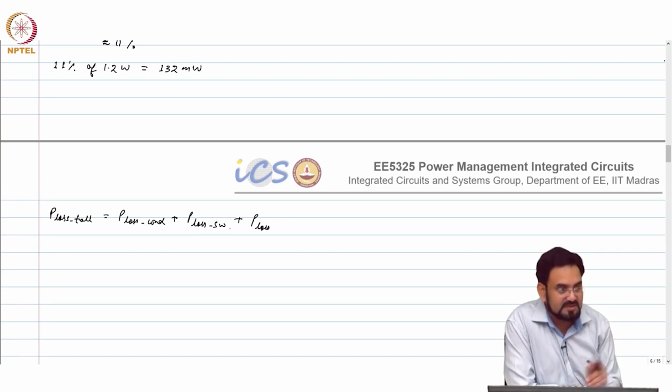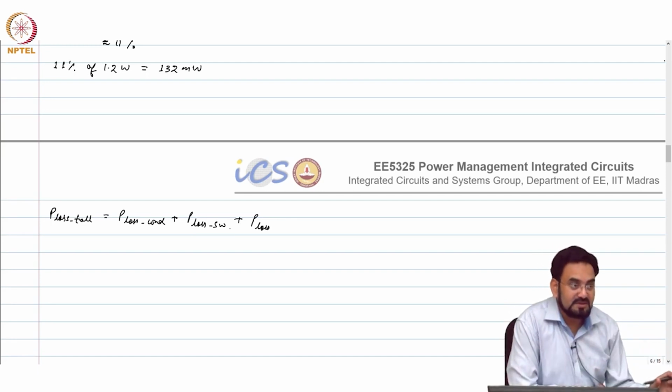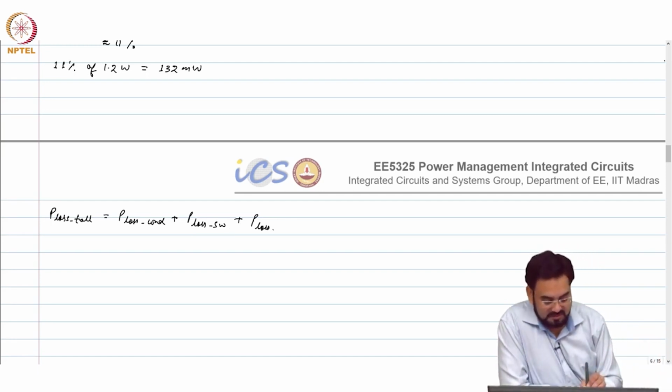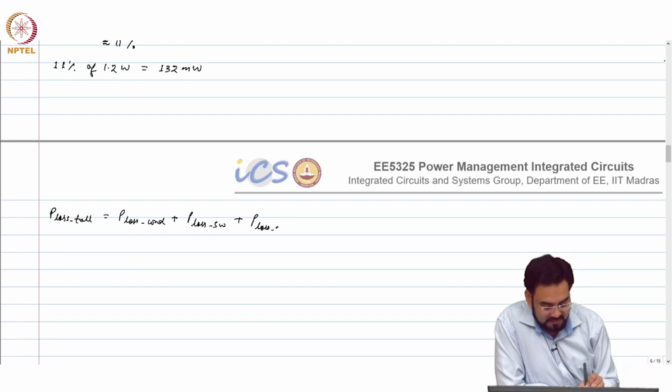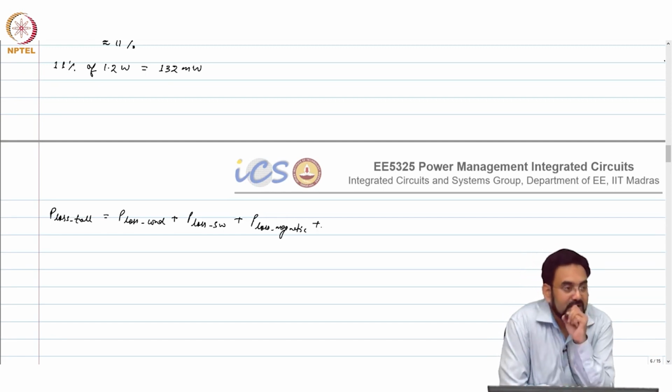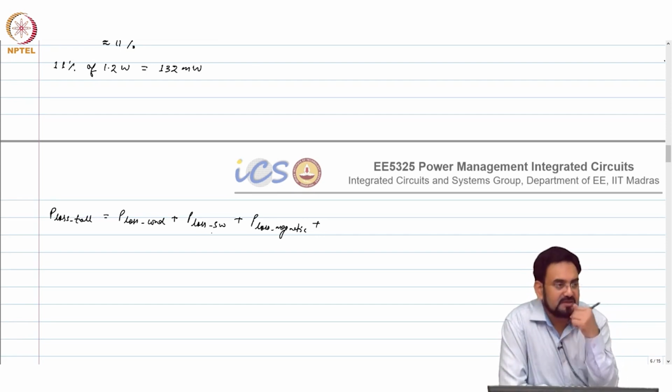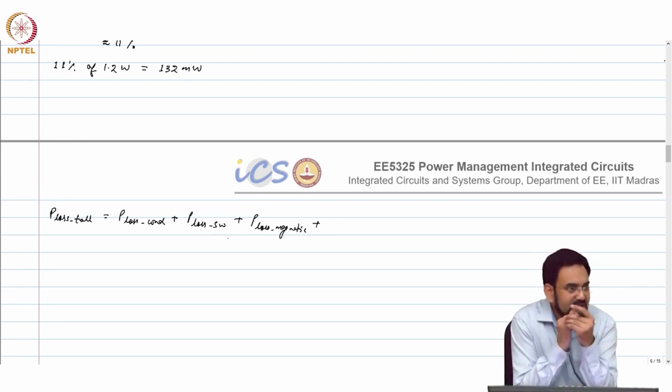When I say P loss switching, it includes all the switching losses, including gate drive and dead time losses, everything.